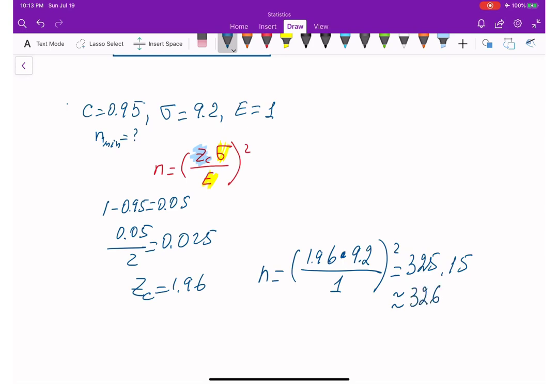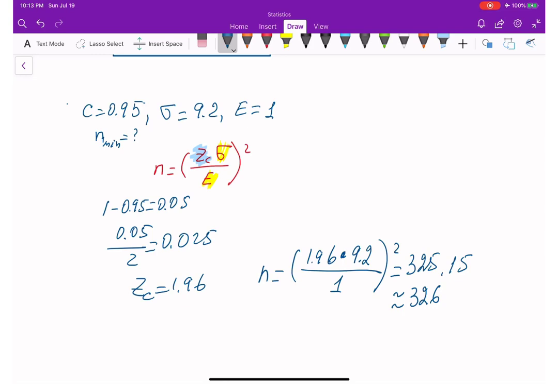Which is approximately, because it's a minimum, I don't mind writing down 326. When it comes to minimum sample size, you don't do arithmetical or algebraic rounding. You always round to one number higher because it's a meaningful number, correct? If you have, let's say, people, since you have 325.15, you don't cut one finger and move it to the sample, correct?